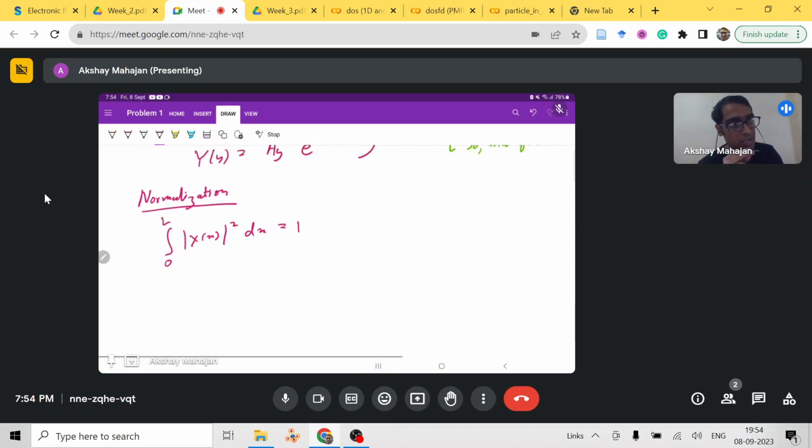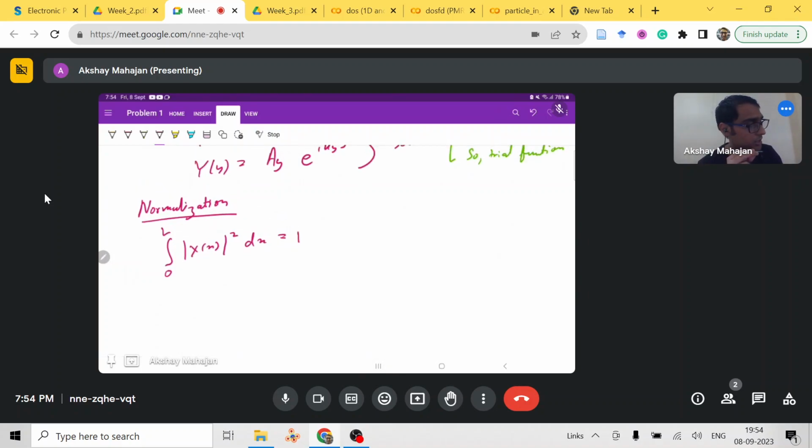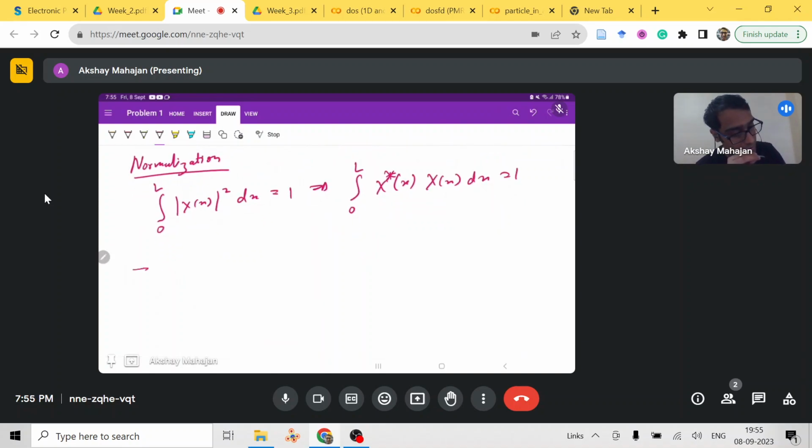So we know that we have to do the normalization for this, and our integration will be from 0 to L. Generally, this would be written as the integral of psi star psi dx, where psi star is the complex conjugate of the function, and that has to equal 1. So we will have mod ax square, integration from 0 to L, e to the minus iota kx of x into e to the iota kx of x.